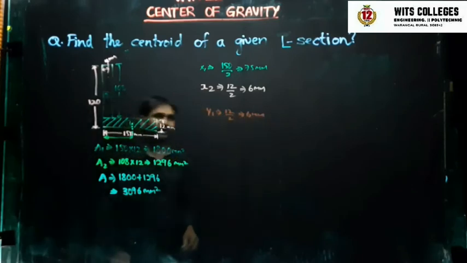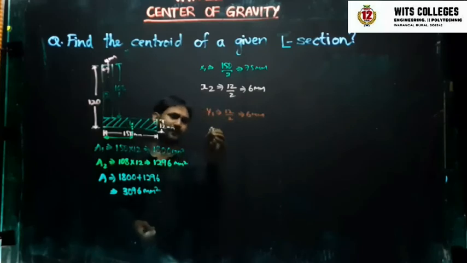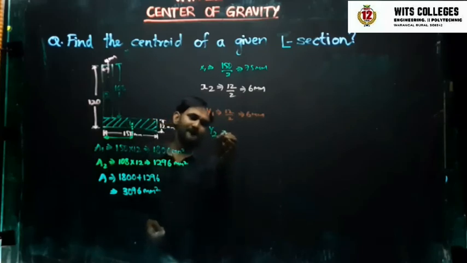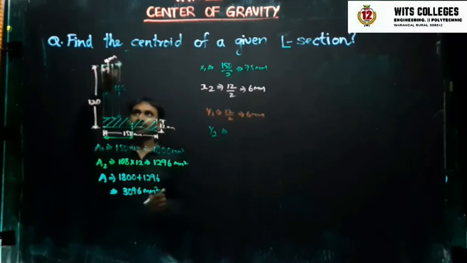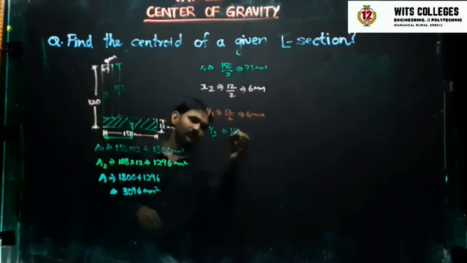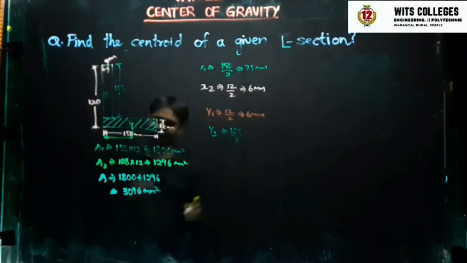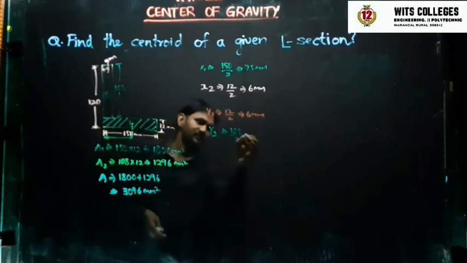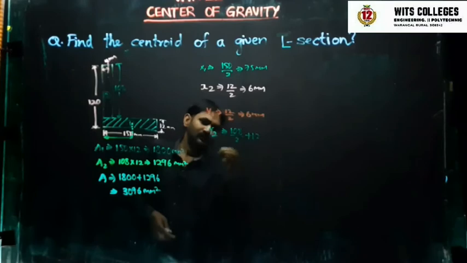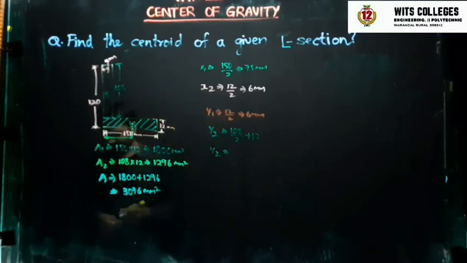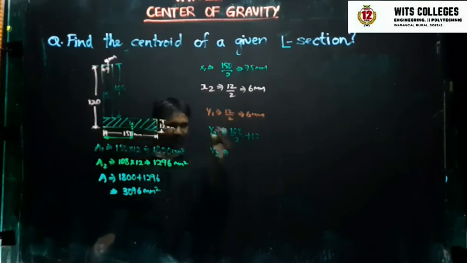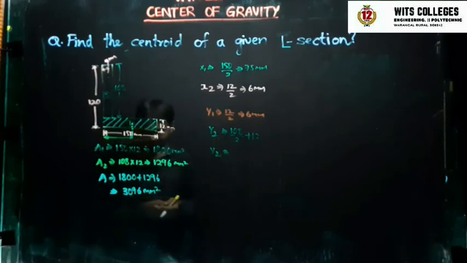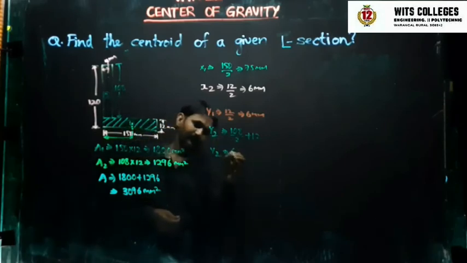Similarly, y2 equal to 108 by 2, but my figure starts from here, so you have to add 12. Therefore, y2 equal to 108 by 2 plus 12, which means 54 plus 12 will be 66 mm.